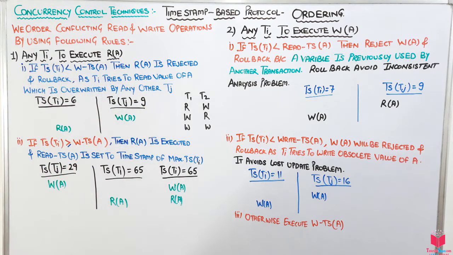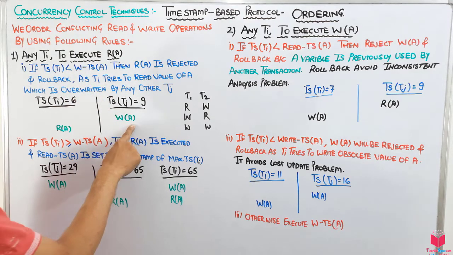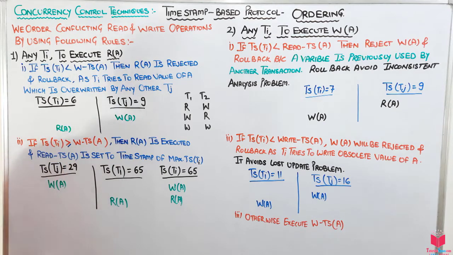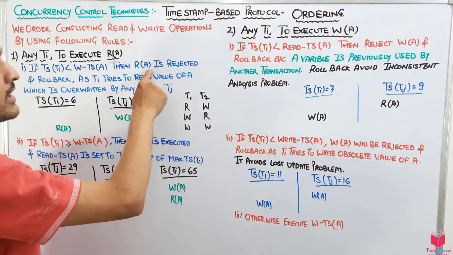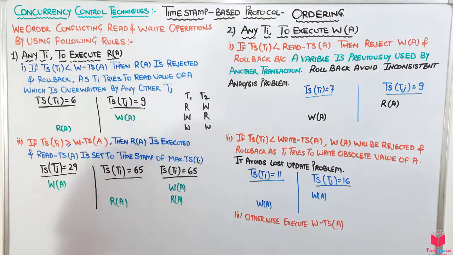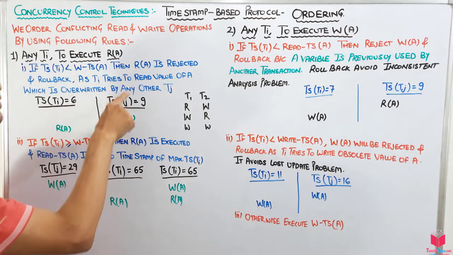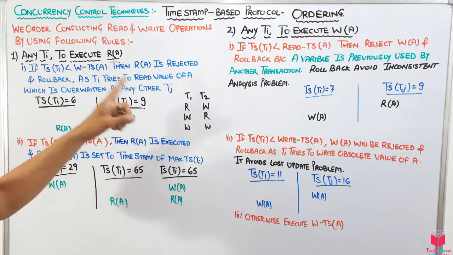Tj is performing the write operation on A. After that, Ti comes and wants to perform a read operation on A. Then R(A) is rejected and rolled back, because Ti tries to read the value of A which has been overwritten by Tj.